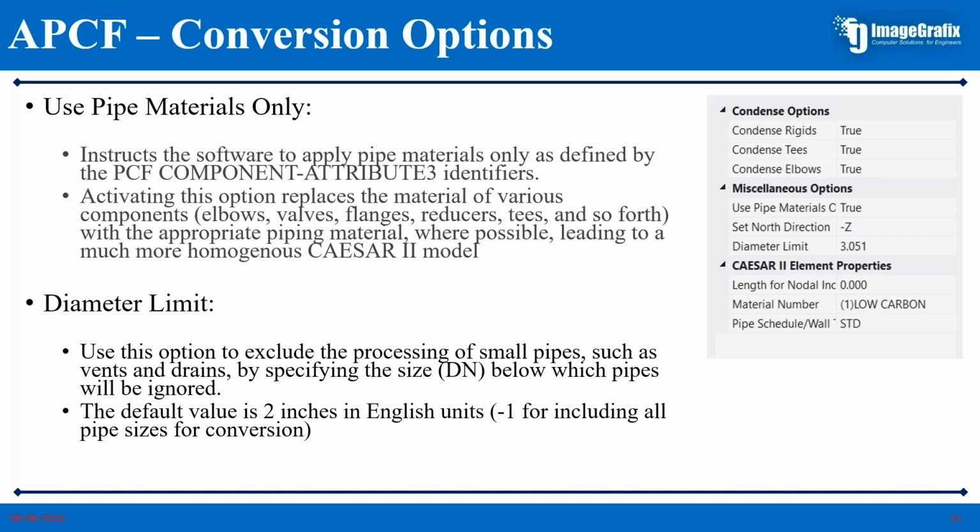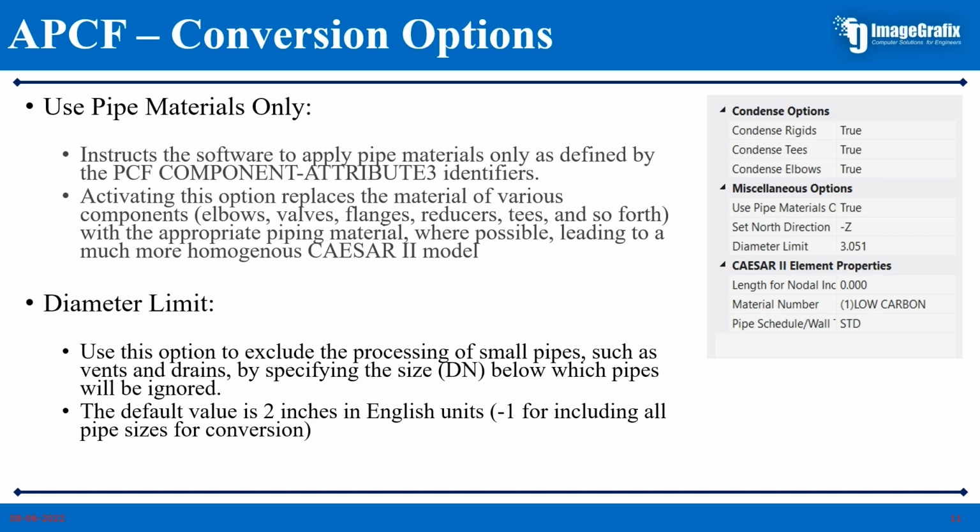These are not available in our CAESAR II window. For those elements for which the material mapping is not happening because of unavailability of the material, the material number selected here is what will be applied. Similarly, for those elements where the pipe schedule is not given, what schedule number should be taken is specified in our pipe material number and pipe schedule. This will be the first option in our conversion options.